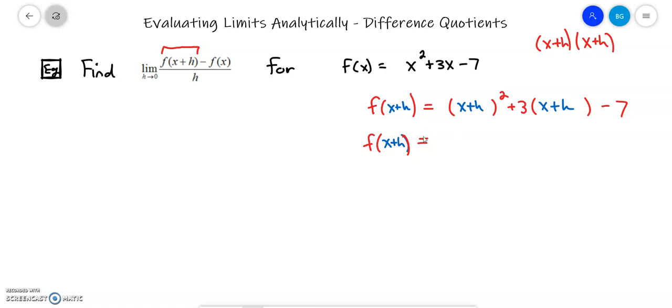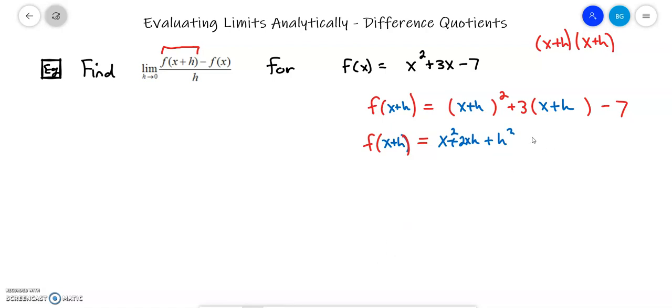Or you can use the binomial squaring shortcut: when I square a binomial, you end up with the first term squared, the last term squared, and also twice the product of the two terms, so 2xh. But if you don't remember that, you can always just FOIL it out.